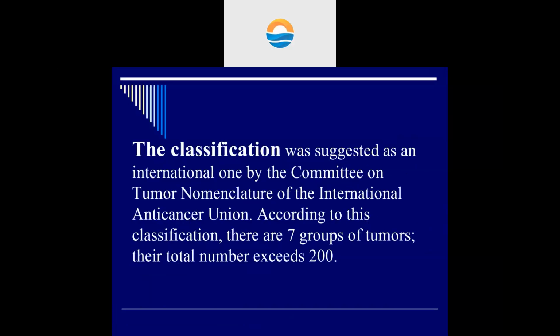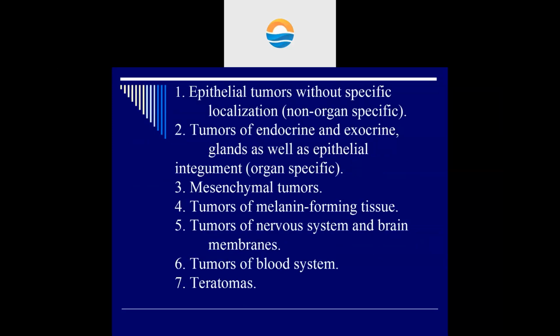The classification was suggested as an international one by the Committee on Tumor Nomenclature of the International Anti-Cancer Union. According to this classification, there are 7 groups of tumors, and their total number exceeds 200. So you must know the main groups of tumors.